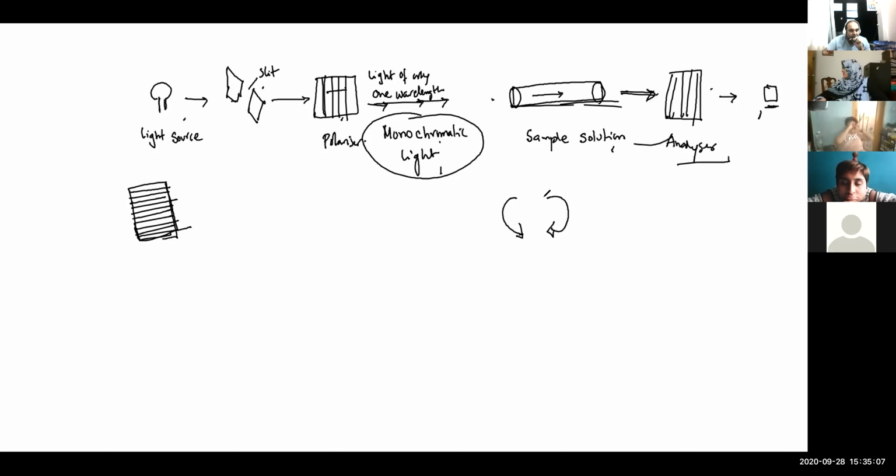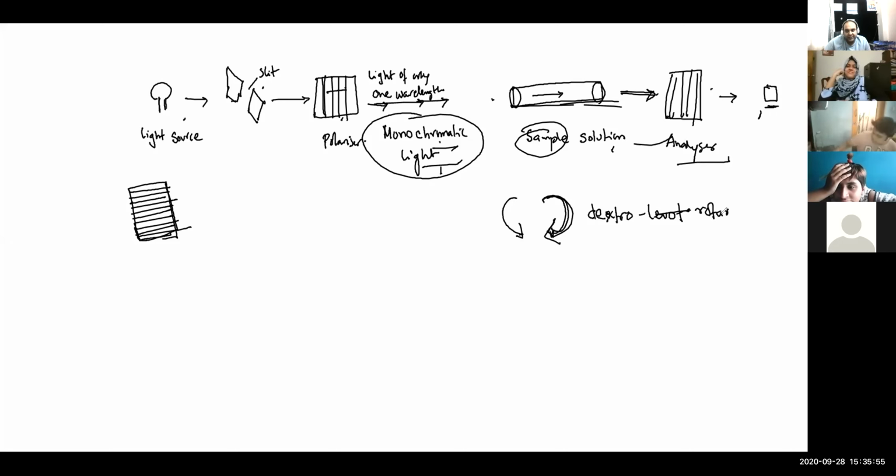Can anyone tell me, if it rotates the light in the clockwise direction, what is the name of it? If your sample rotates the monochromatic light in the clockwise direction, we call it dextro-rotatory.